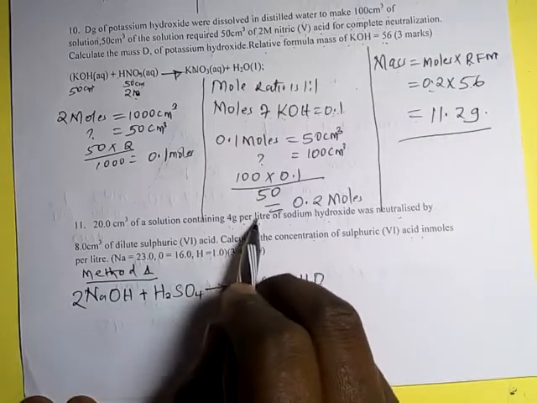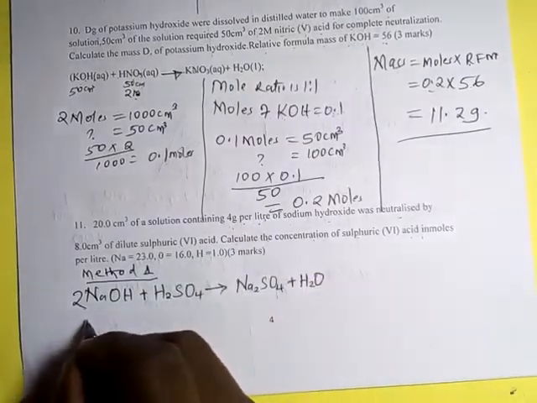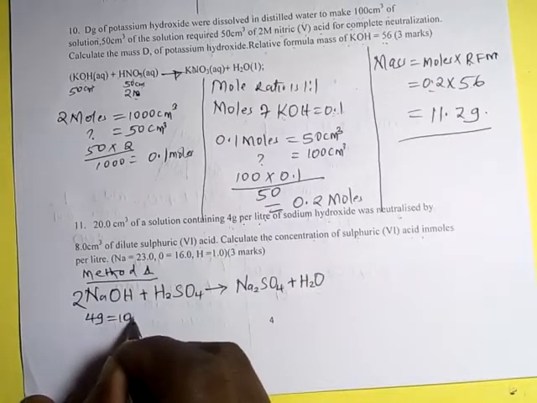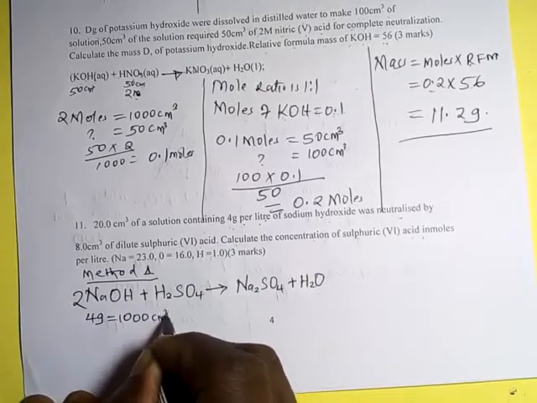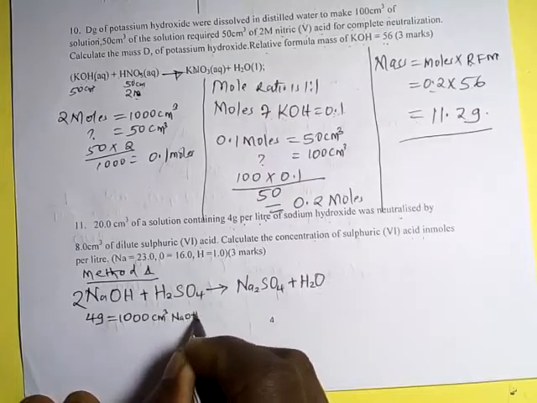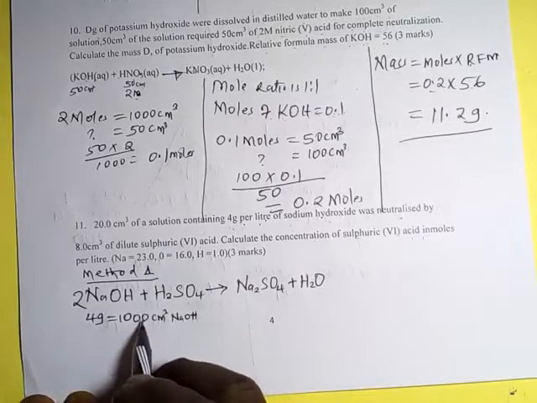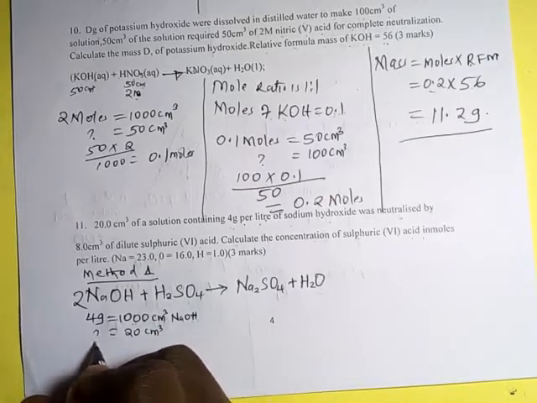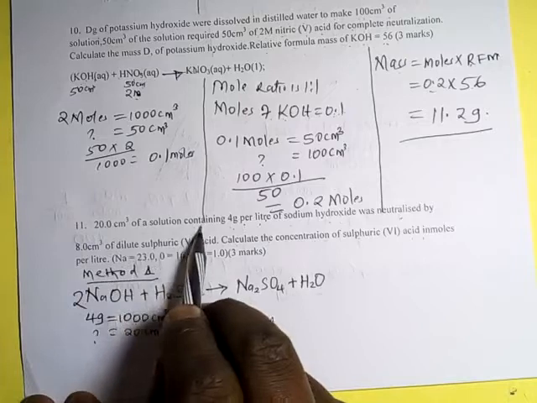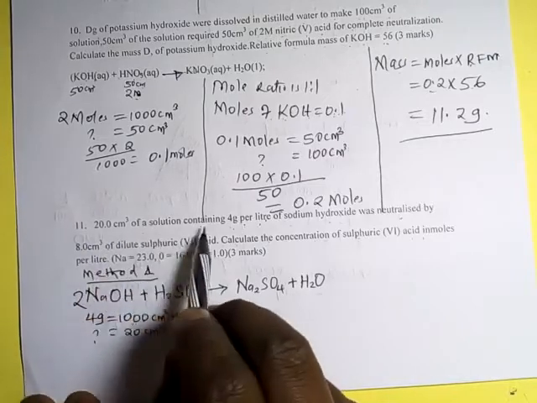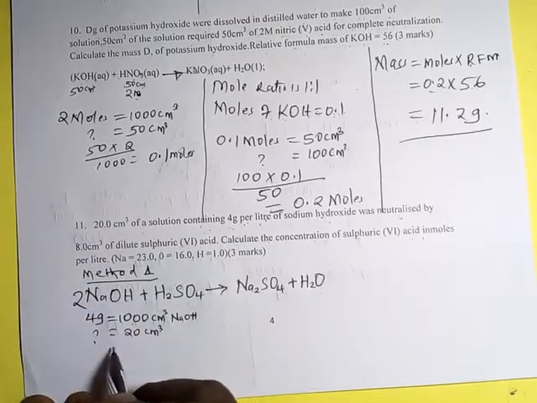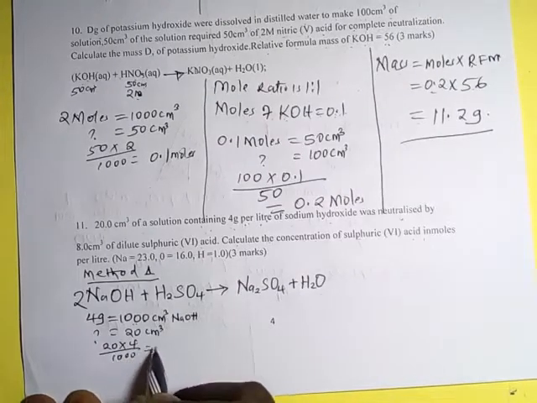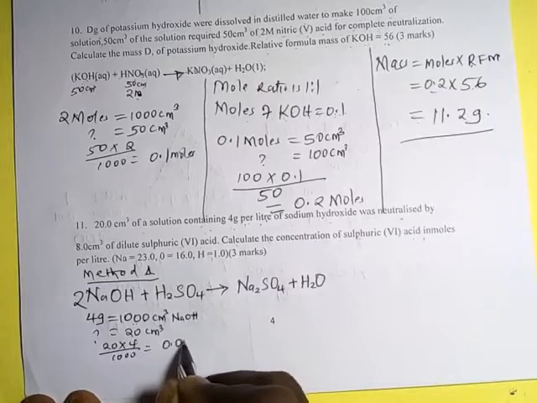Now, 4 grams is in 1 liter, so we will say 4 grams of sodium hydroxide was made in 1000 centimeters cube. We want to know the mass in 20 centimeters cube, because that is the volume that was used. So the mass is 20 times 4 divided by 1000, which gives us 0.08 grams.